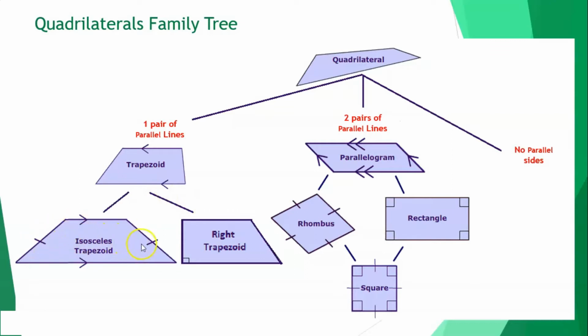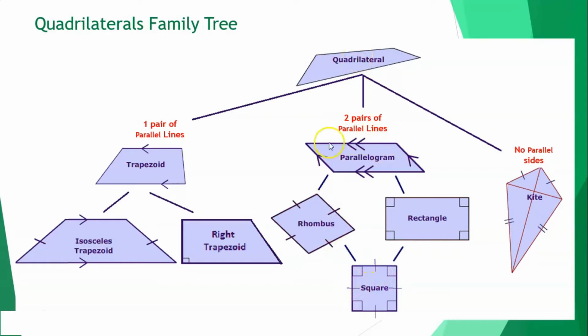It could be an isosceles trapezoid or it could be a right trapezoid. Now, the last group is a group of quadrilaterals that has no parallel sides and it is considered a kite.